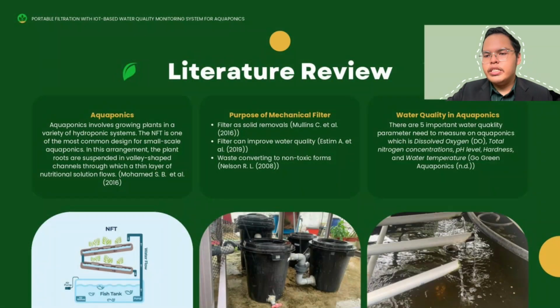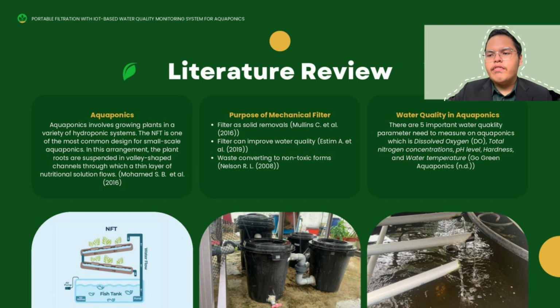For the literature review, I will start with three parts. The first one is aquaponics. Aquaponics involves growing plants in a variety of hydroponic systems. The NFT is one of the most common designs for small-scale aquaponics. In this arrangement, the plant roots are suspended in various shaped channels through which a thin layer of nutrient solution flows.